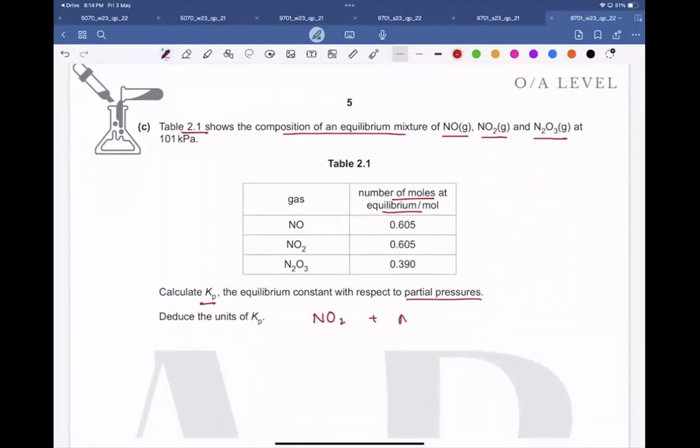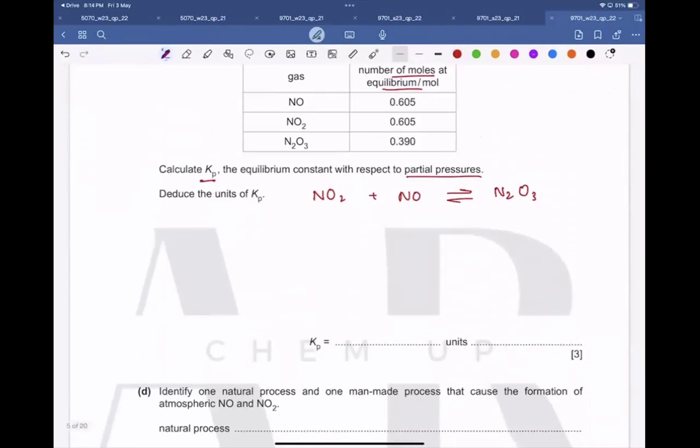NO2 is reacting with NO and forming N2O3. So if you recall, the Kp expression is equal to the partial pressure of N2O3 over the partial pressure of NO2 times the partial pressure of NO. Is this clear?